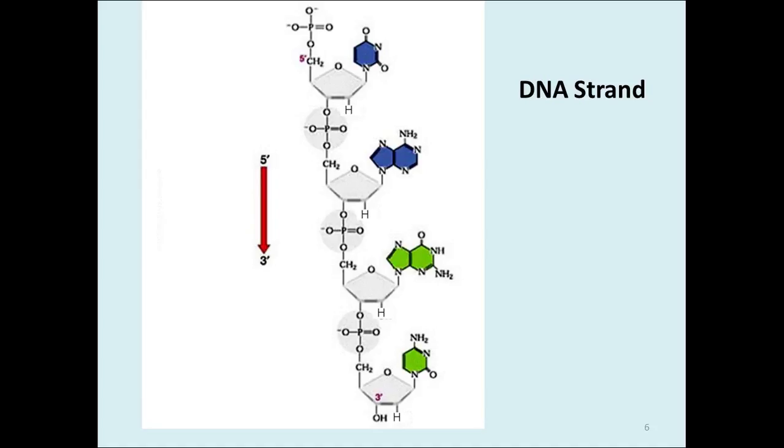This is called complementary pairing, or adenine and thymine, guanine and cytosine are called complementary base pairs. The entire DNA strand is said to have anti-parallel configuration. This means that one side starts with 5 prime and the other starts with 3 prime.